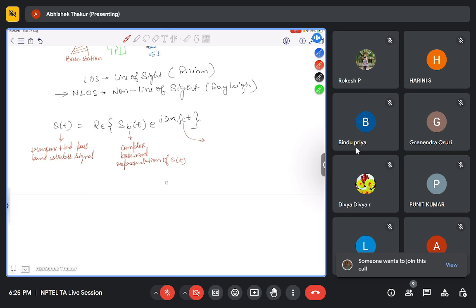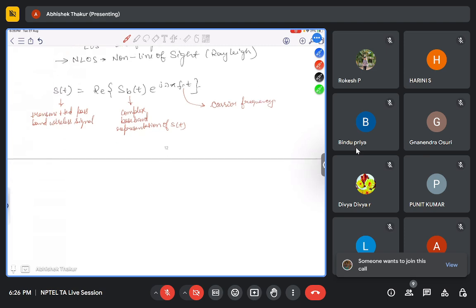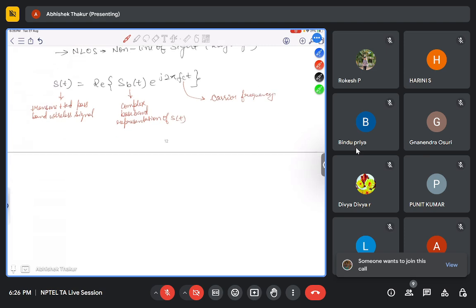And here f_c is the carrier frequency. Now we will analyze the channel. The quantity s_b(t) is the complex baseband representation, and f_c is the carrier frequency.